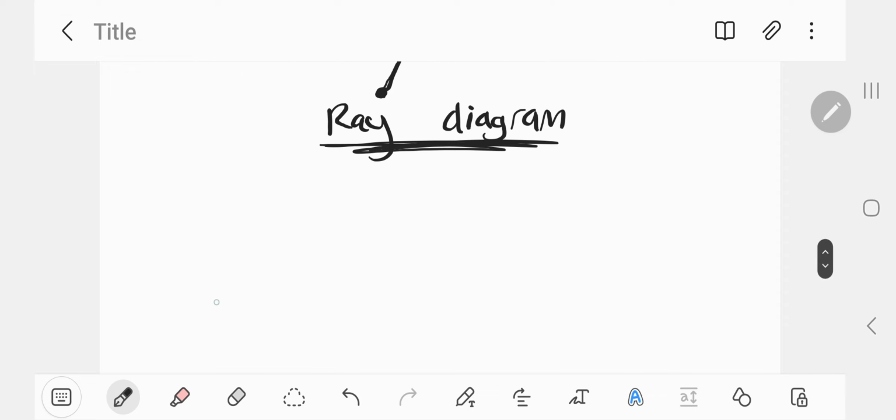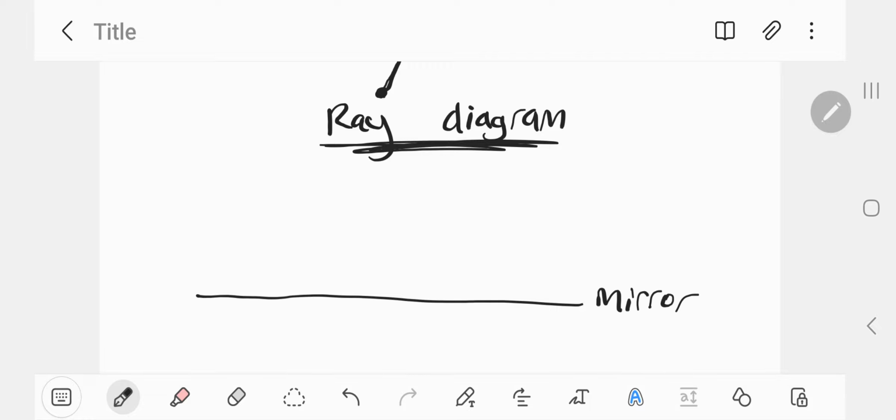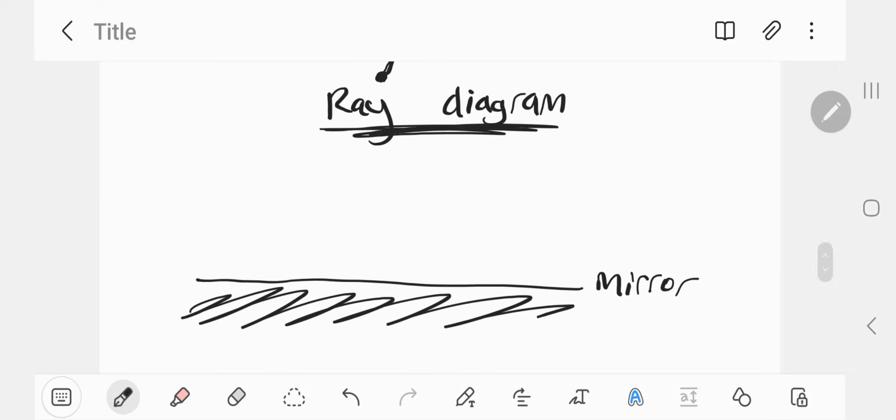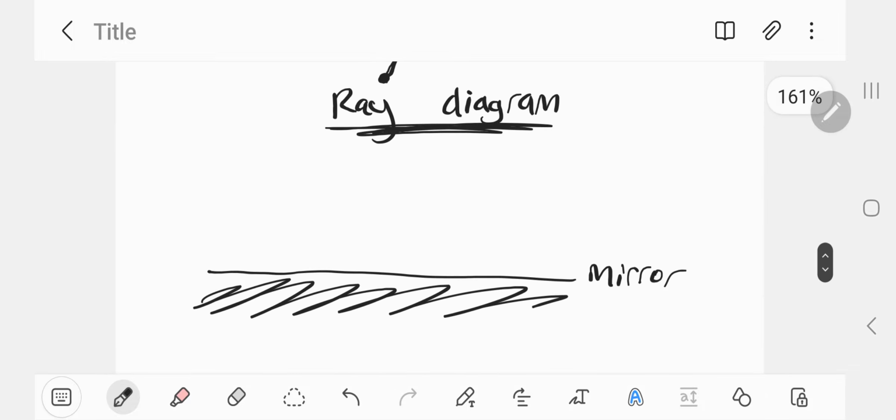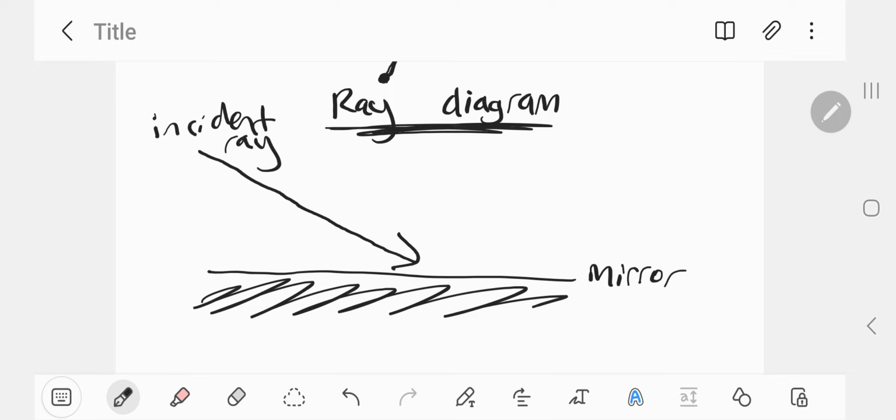So suppose you have a mirror. So we draw a mirror like this, a flat horizontal line. That's a mirror there. It's a flat surface. You can draw this using pencil, that would be great. You have a light ray coming in, striking the mirror at some angle. This is called the incident ray. Incident ray is the ray that's coming in, right?